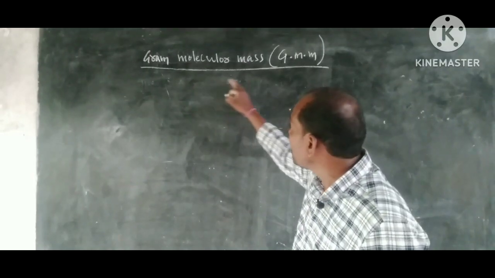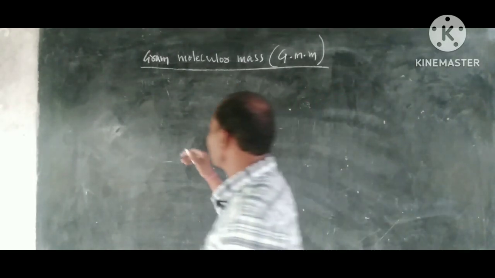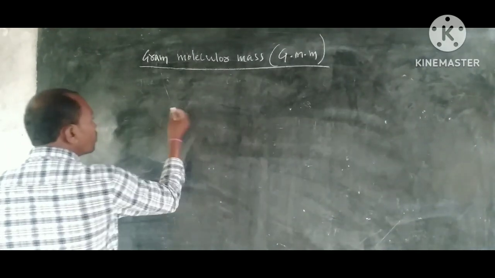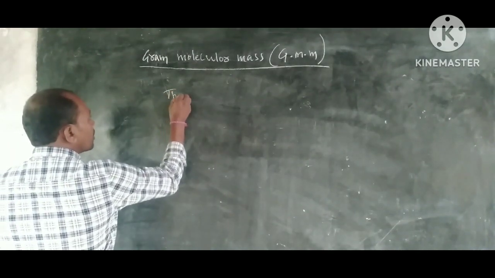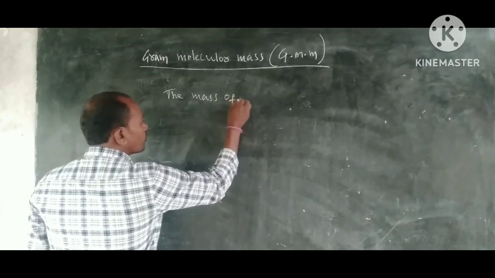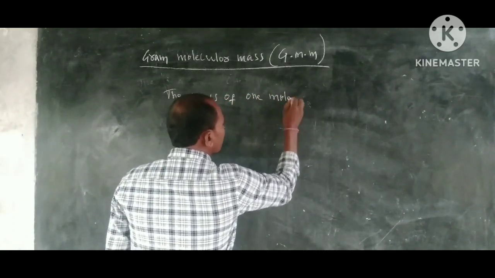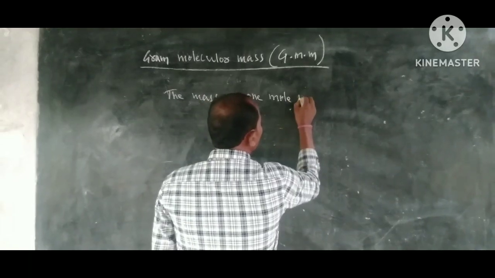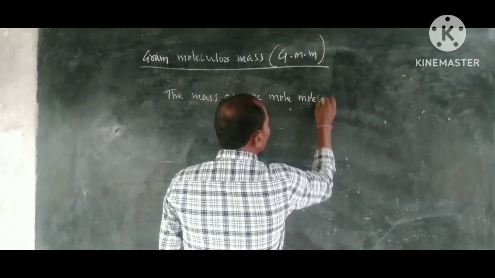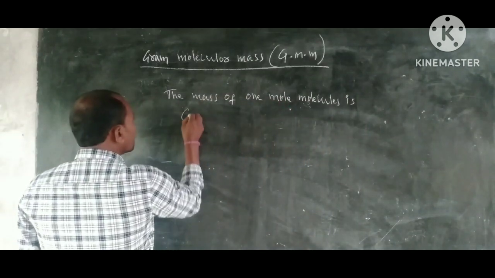So what is the gram molecular mass? Gram molecular mass means the mass of one mole of molecules. The mass of one mole of molecules is called gram molecular mass.